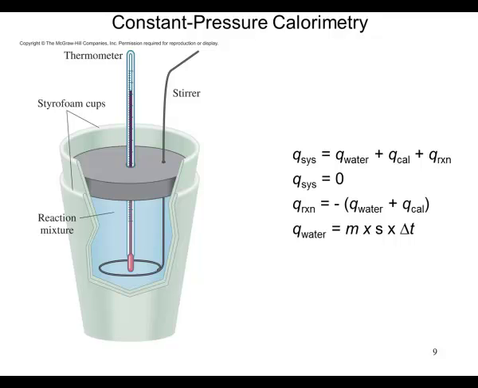Again, Q of the water equals the mass times the specific heat times the change in temperature, and Q of the calorimeter is the heat capacity of the calorimeter times delta T. At constant pressure, in this case, the change in enthalpy does equal Q of the reaction.